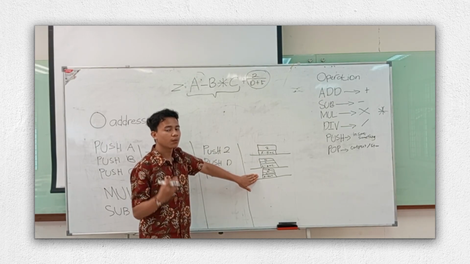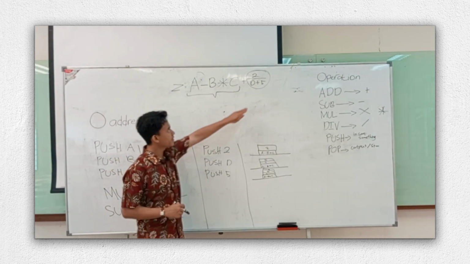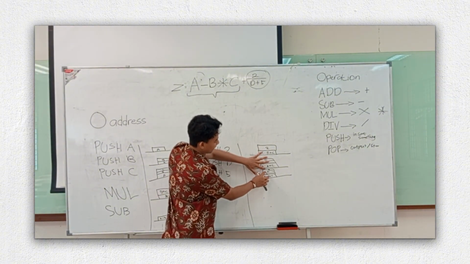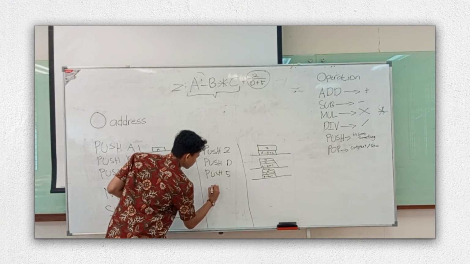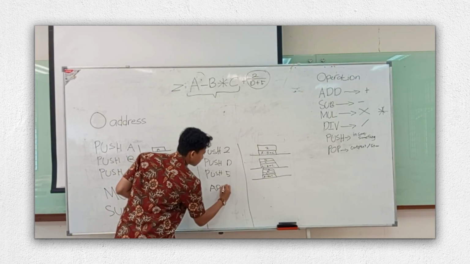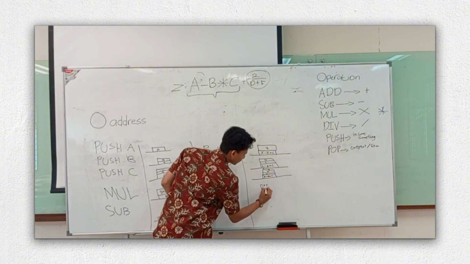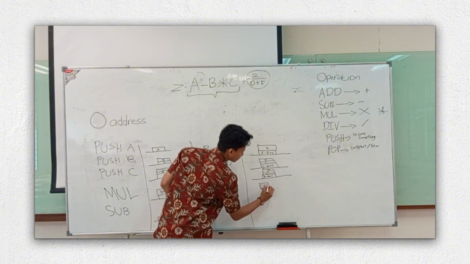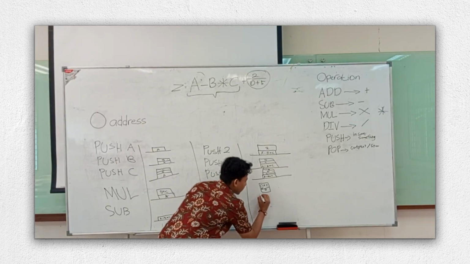Next, we have to do the operations. So the first operation is between D and 5. So here we need to add, and it's going to be D plus 5 in the same box, 2, and the last one.